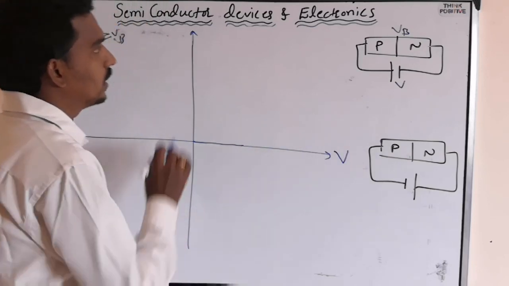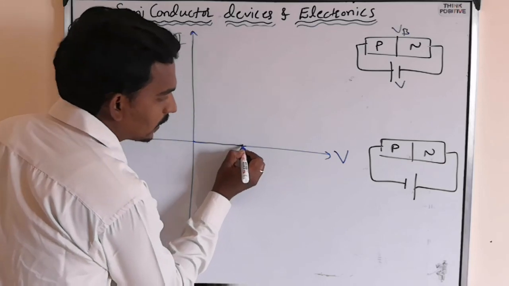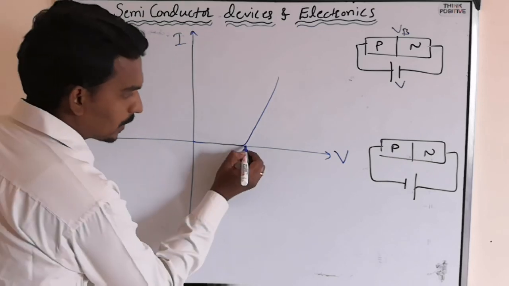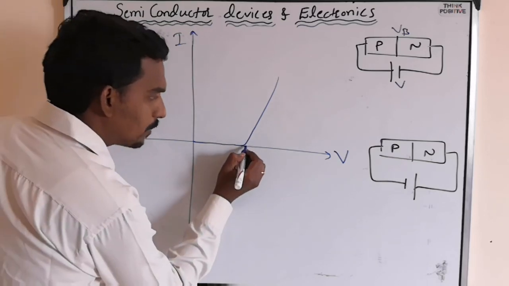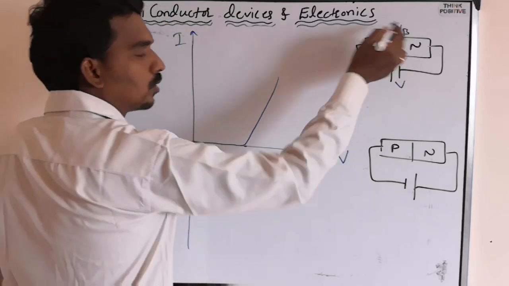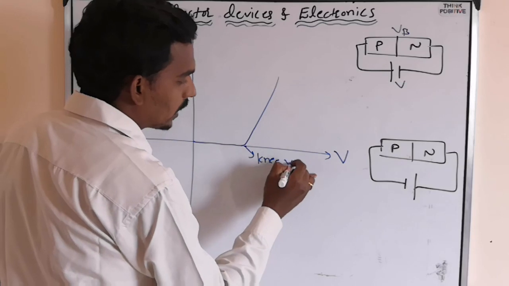This is voltage, this is current. But at a particular moment, the current starts to increase. At a particular value, that is equal to VB. So this voltage is called the knee voltage.